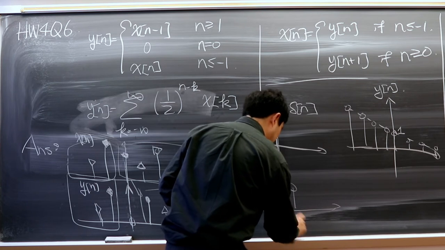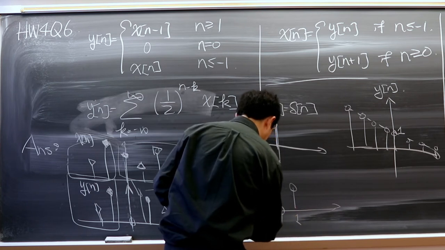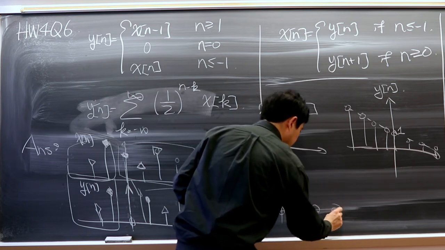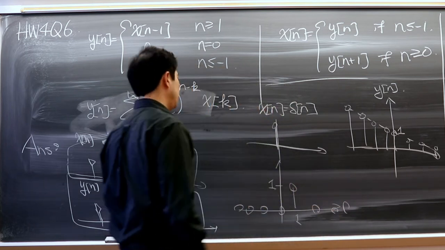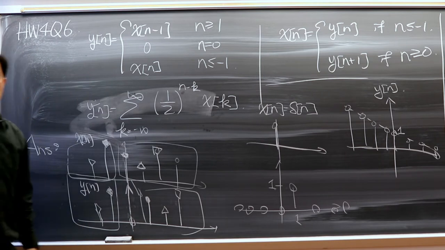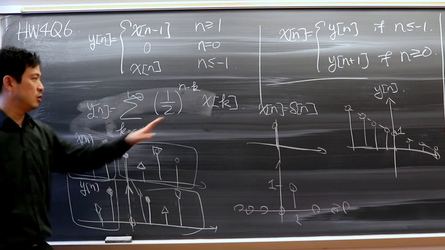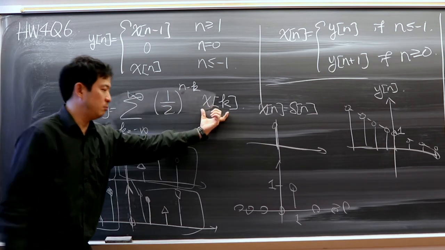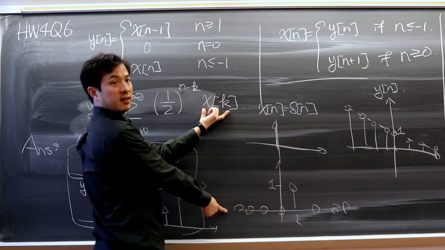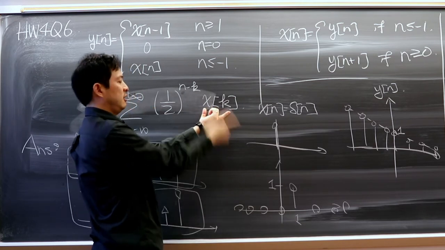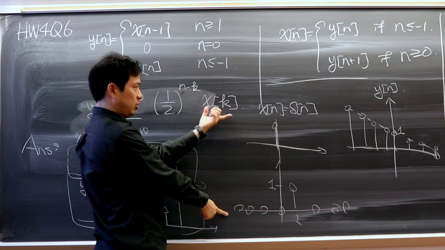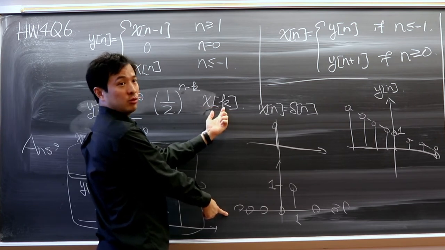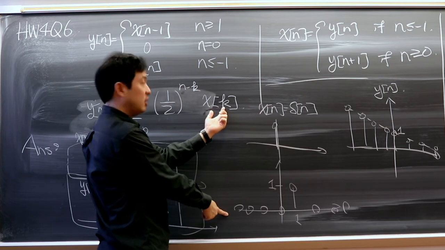If it's 1 here, it's a shifted version. So this is 1. If my input is this, what will be the output? Out of infinitely many terms, how many are non-zero? Just 1, which is when k equals 1. Very good.